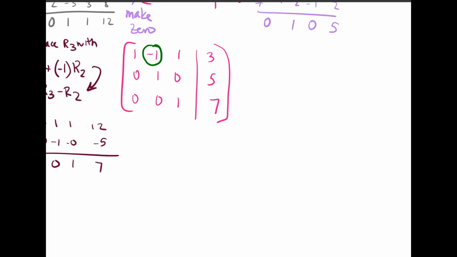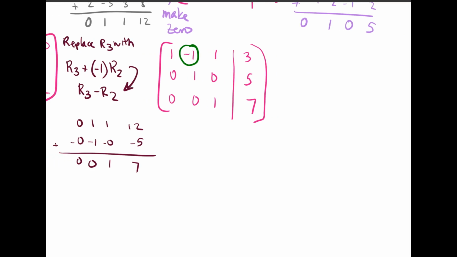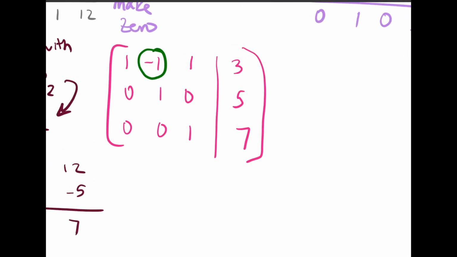Why do we need to make that 0? So in reduced row echelon form, there's zeros. It's not just row echelon form, it's reduced, meaning everything's 0 except the diagonal. And then you have to add.